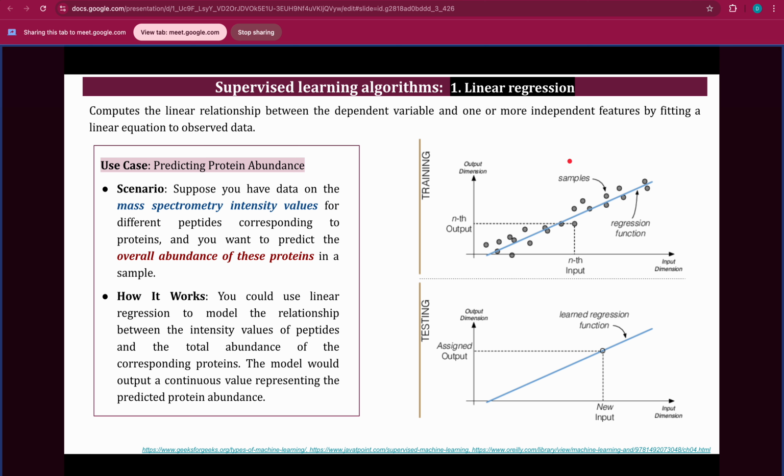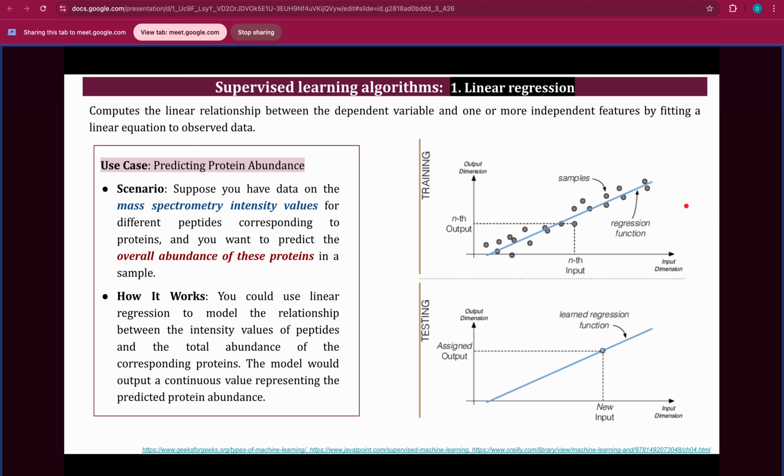Now in this scenario I'm trying to fit a linear line, but what if my data point is lying here? Then I won't be able to get this line, because the distance of that data point from this line will be huge, and my aim is to minimize the distance from other data points. So in such a case I might shift my line to here. So it is sensitive to outliers.